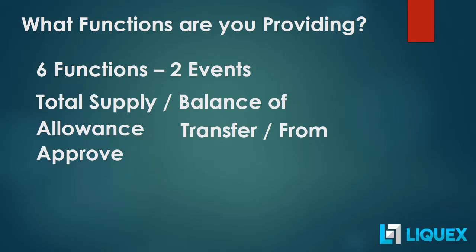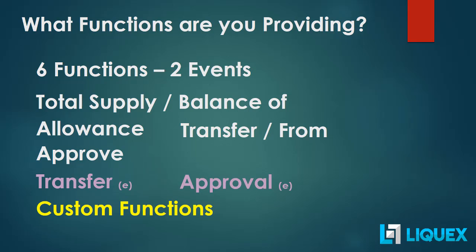We know that via the Ethereum standard we have 6 functions and 2 events. We also have the possibility of custom functions. Those functions are pretty vanilla. We've got total supply, balance of, allowance, transfer, transfer from, approve, and in terms of events we've obviously got transfer and approval.